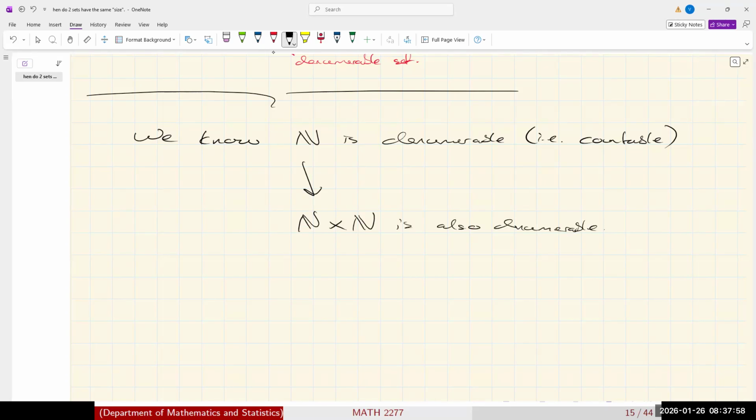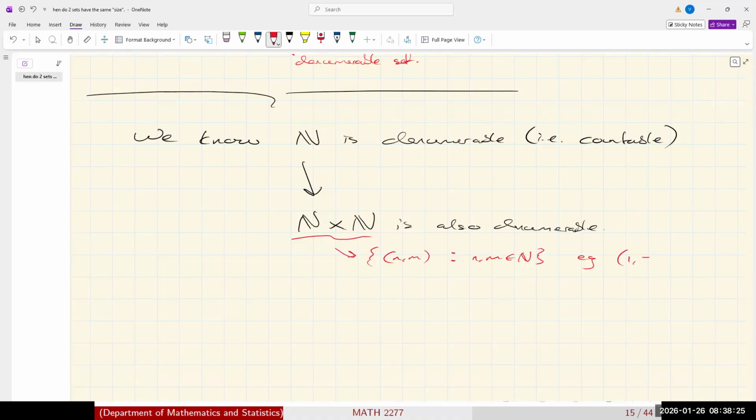Now we need to know what this notation means, N cross N. Remember Cartesian product. N cross N is just the set of all pairs of numbers (n, m) such that n and m are natural numbers. Think of xy coordinates, but the restriction is that the coordinates can only be natural numbers.